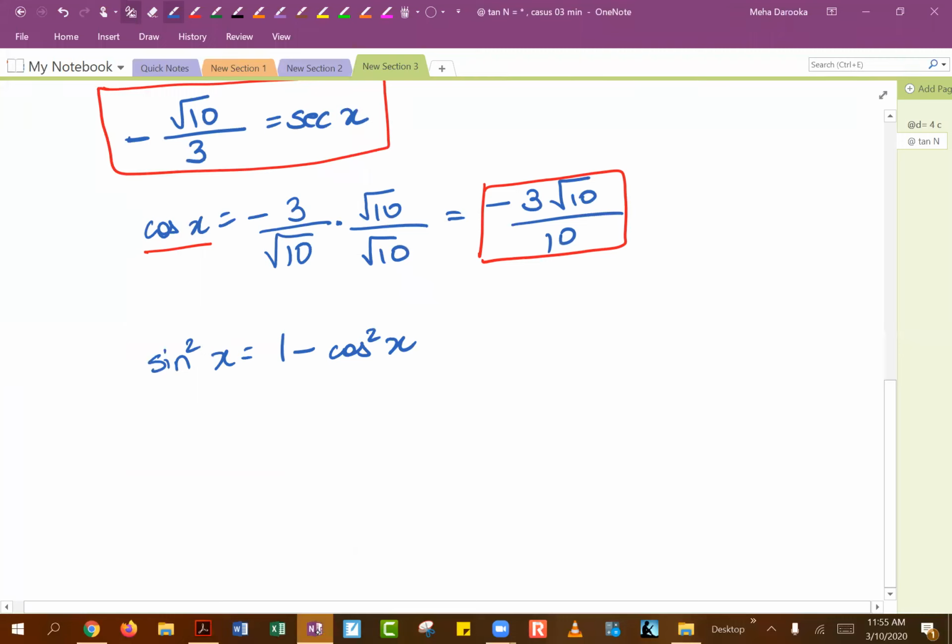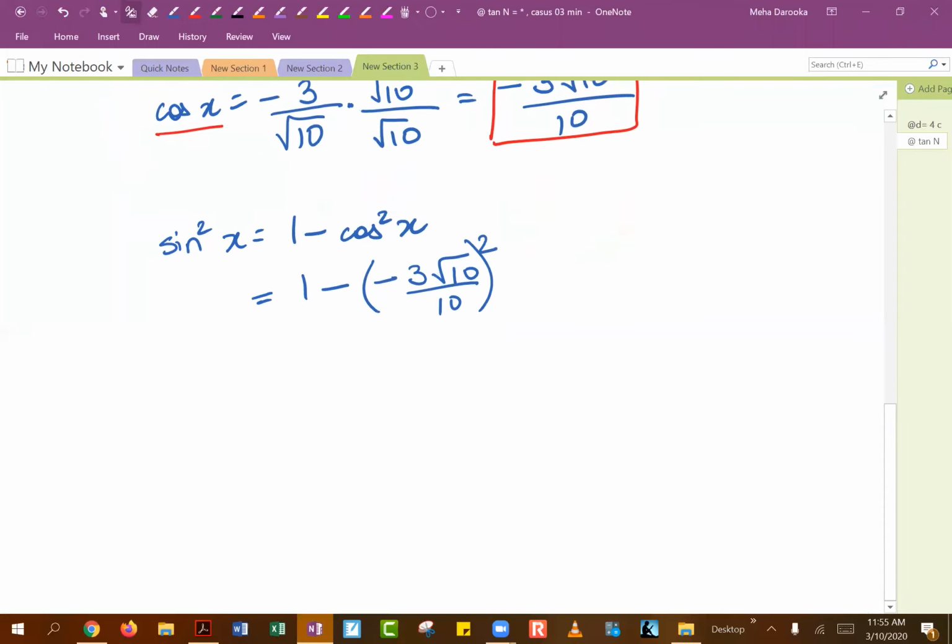All right, and then your cosine function we just found out is -3 square root of 10 over 10. And you still need to square that. What will that end up giving us? 2 negatives will of course become a positive.